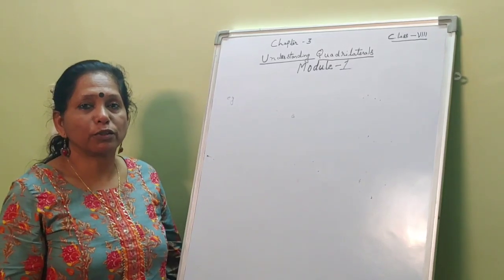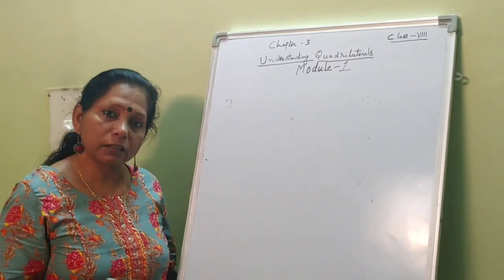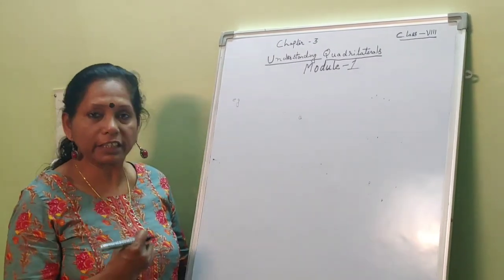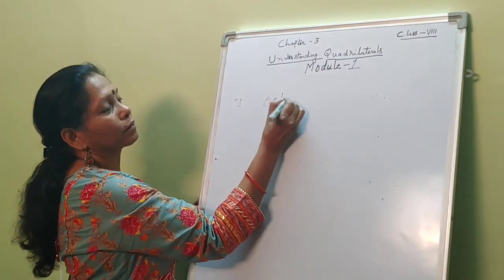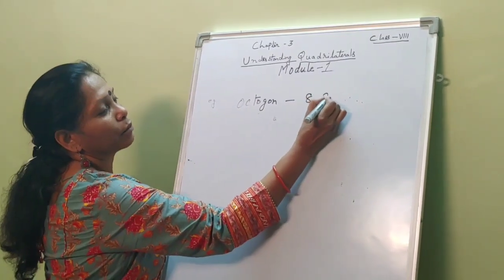Let's use this formula to find the sum of interior angles of a regular octagon as well as the measure of each interior angle. So octagon, it is an 8-sided polygon.